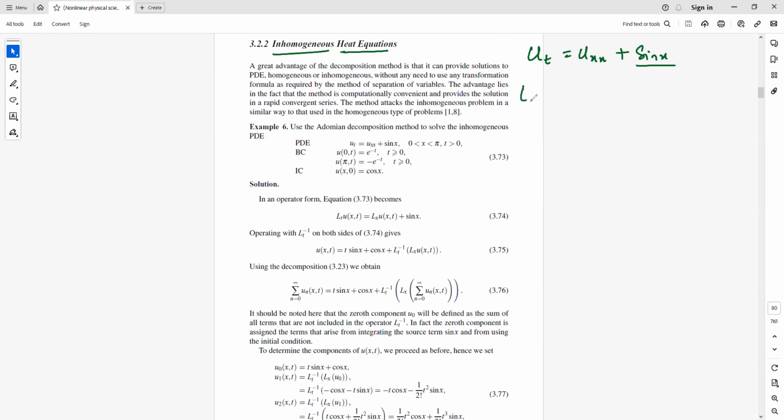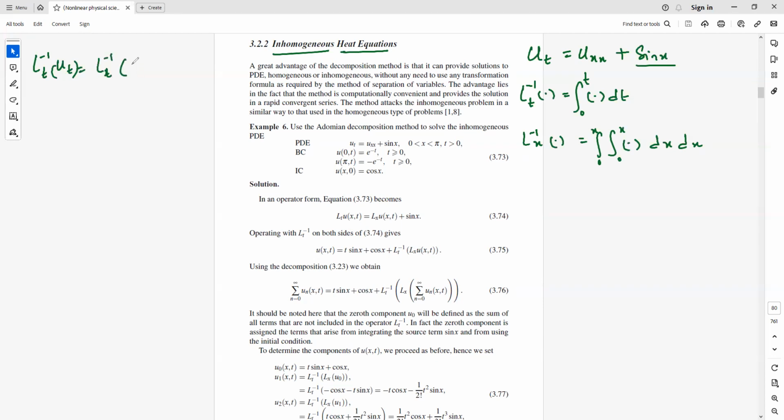Let us solve in the t direction first, where L_T inverse applied on the function is the integral of the function from 0 to t, and L_x inverse applied on the function gives us the iterated integral of the function with respect to x. Now if we apply L_T inverse on both sides, we get this expression plus L_T inverse of sine x.